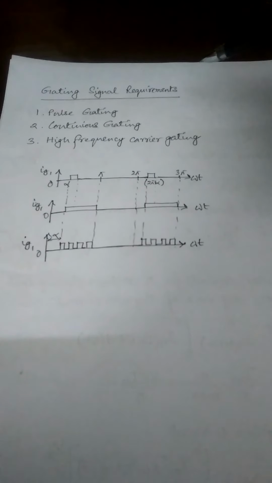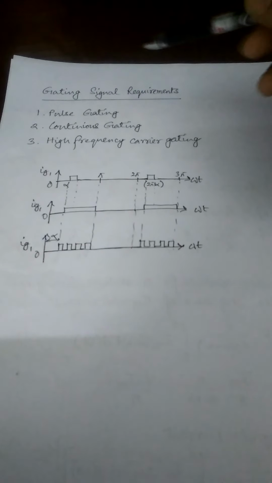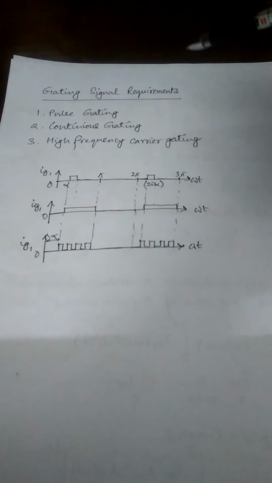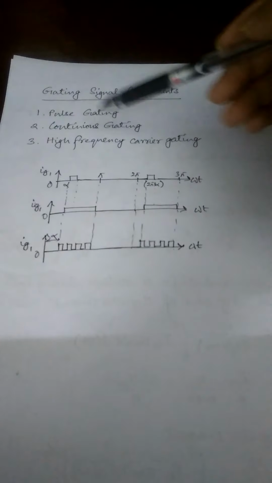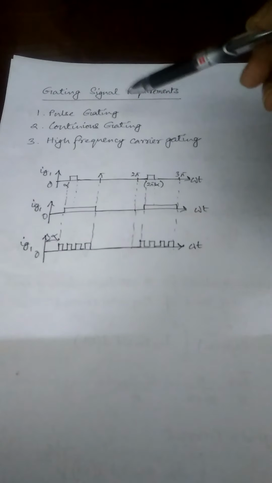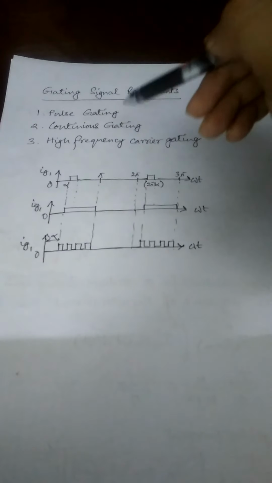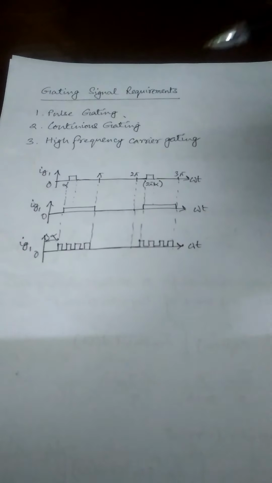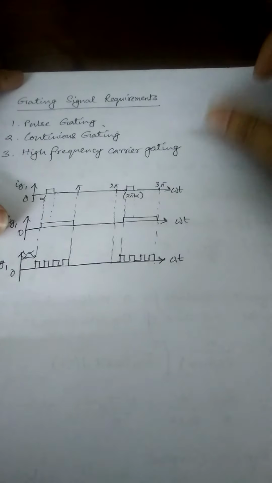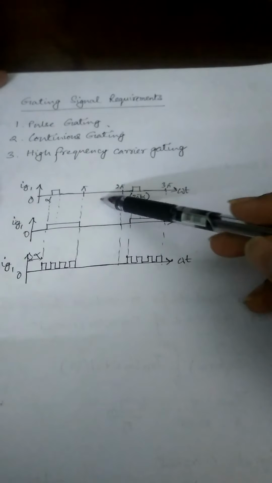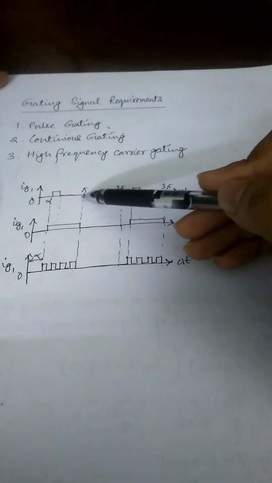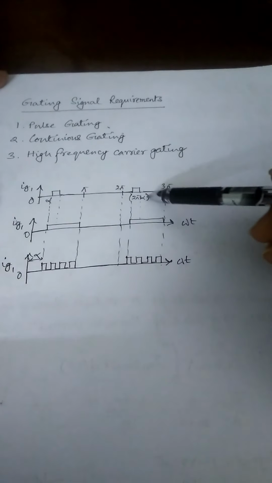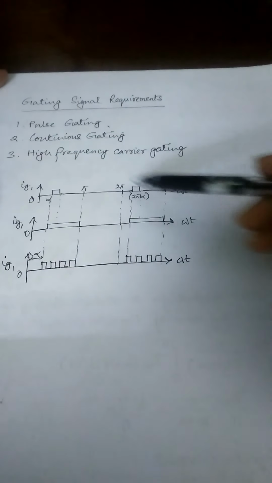the consideration of gating signal requirements. Now what are gating signal requirements? We already saw, when considering the resistive load, that there is a requirement of gating signals, and there are actually three types: one is pulse gating, another is continuous gating, and number three is high frequency carrier gating. Now if we recall the last class, for the resistive load operation this was the gating current waveform profile, that is Ig1.